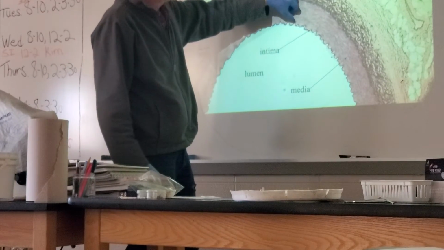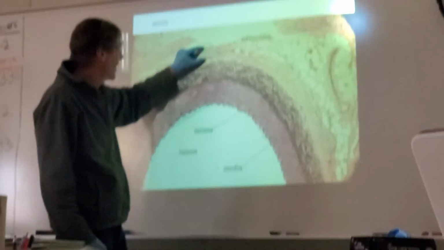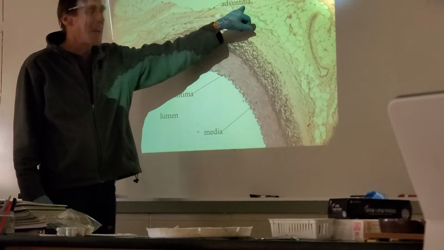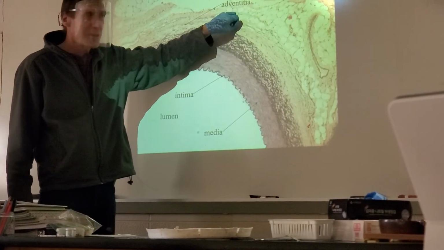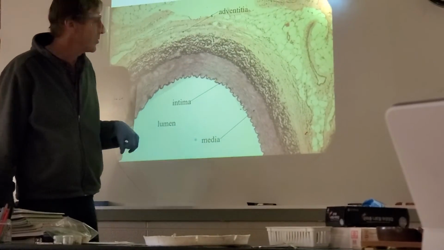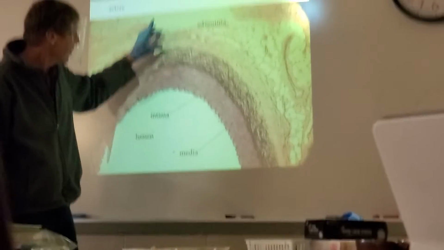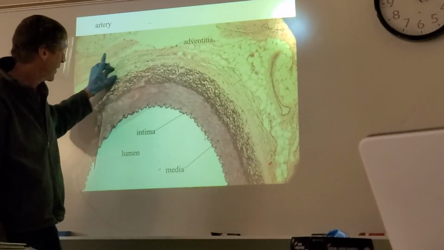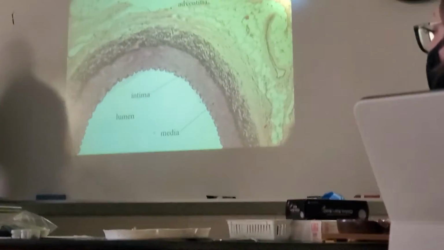Quite thick. And then the tunica externa is just this thin layer of connective tissue out here. I've got it labeled as adventitia on this slide. It is tunica externa. That's an alternate name you'll see in some texts. So those are the three layers: tunica intima, tunica media, the thickest, and tunica externa on the outside. That's it for your blood vessel.